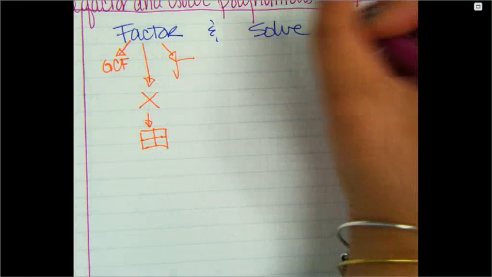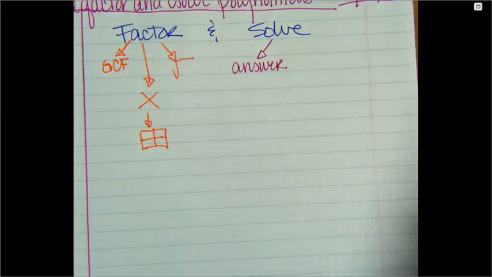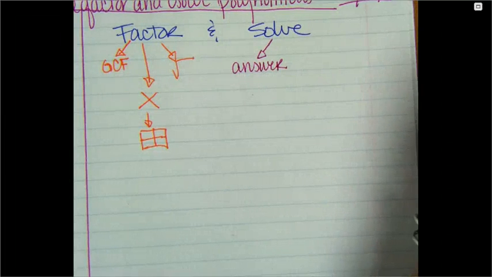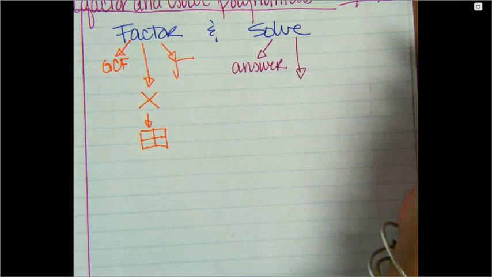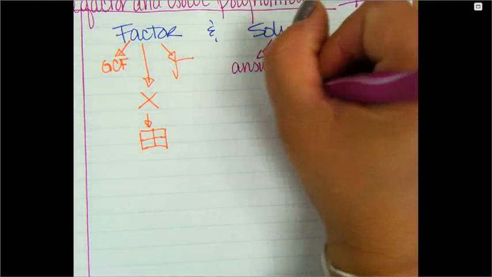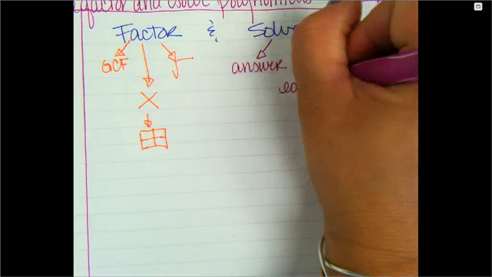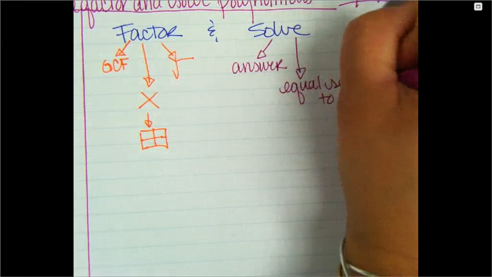Find the answer. You're finding the answer. Now what we have to know, though, is when you solve equations, what do they have? What makes it an equation? It has an equal sign. So we need to have an equal sign, set to 0.